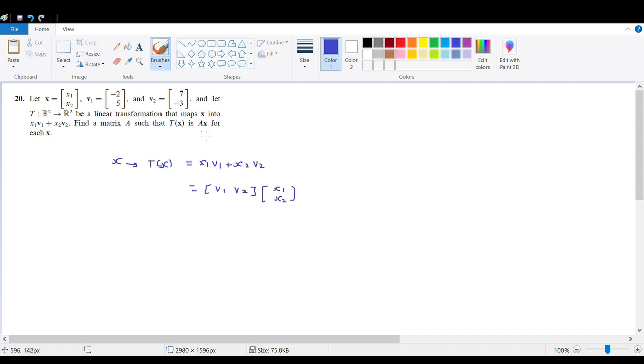We are looking for the matrix A, so this is our A. We can represent it as Ax. So from here, A is equal to [v1 v2], where v1 is (-2, 5) and v2 is (7, -3). So this is our matrix of transformation.